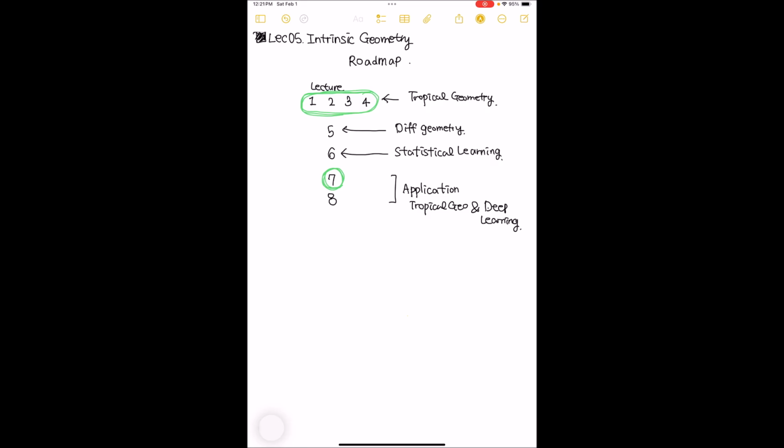In the previous four lectures, sections 1, 2, 3, 4, I covered the essentials of tropical geometry. What is a tropical system? Based on a tropical system, I plotted the graph, the so-called tropical curve, and its dualization has a deep meaning as a polytope.